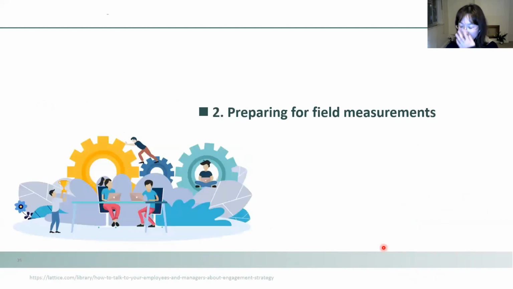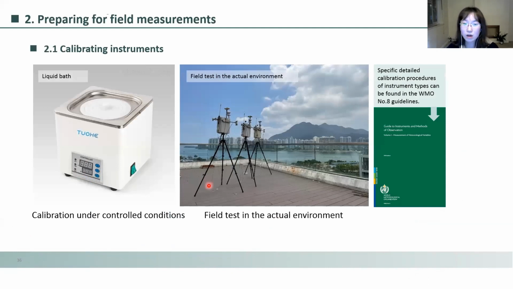And the second section is about preparing for field measurement. One of the important things is about instrument calibration. There are two ways of calibration. One is under controlled conditions. That means you can use the climate chamber or liquid bath.